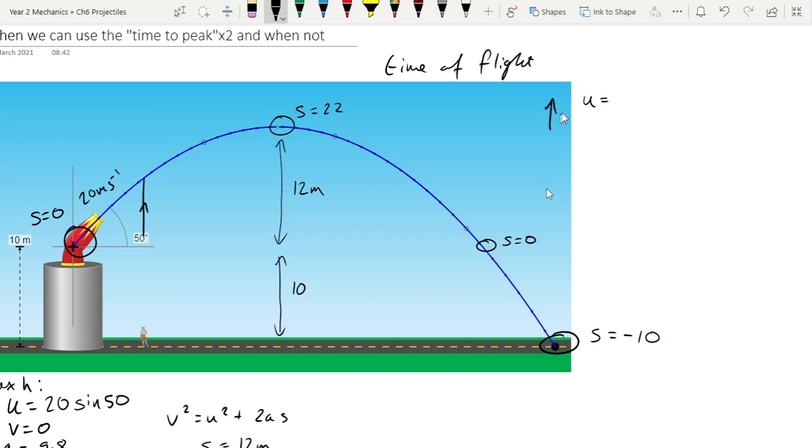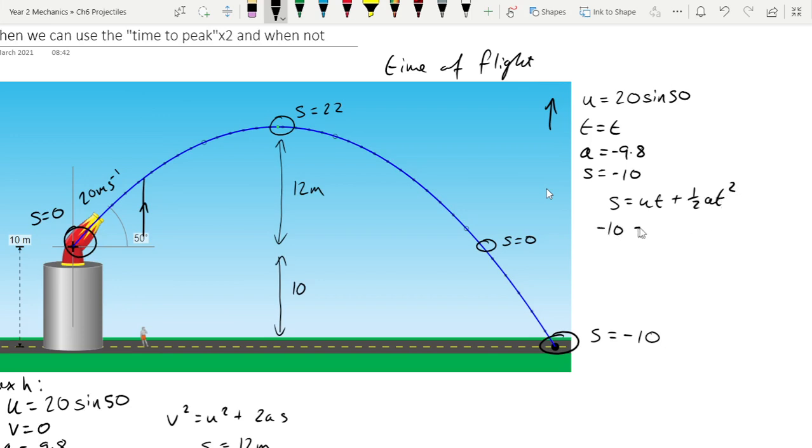So if we look vertically, u is still 20 sine 50. We want to find t. A is minus 9.8. And the displacement we can use as minus 10. And then we can use s equals ut plus half at squared.